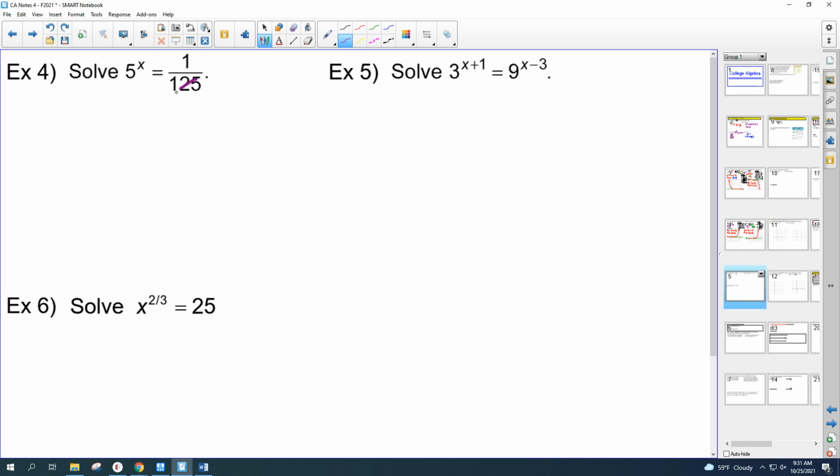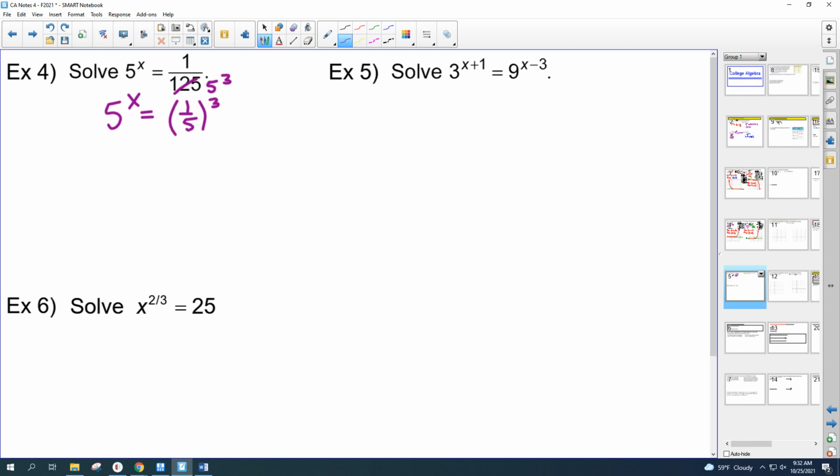I know 125 is 5 to the third. And it's kind of nice to have a base 5 on both sides because you can compare them. But the problem here is that 5 to the third is on the bottom. Really, we can look at this as 1/5 to the third power. So I've got 5 to the x equals 1/5 to the third power.